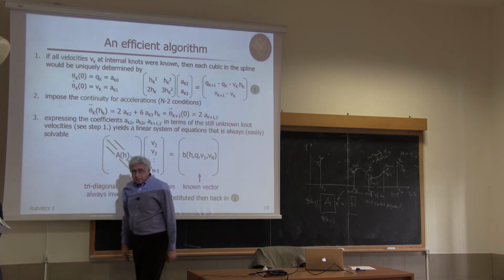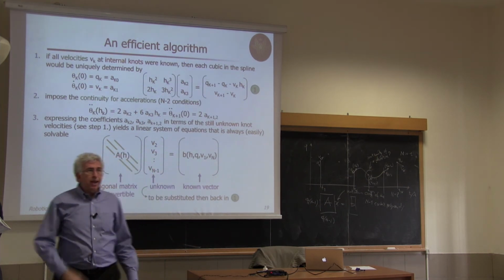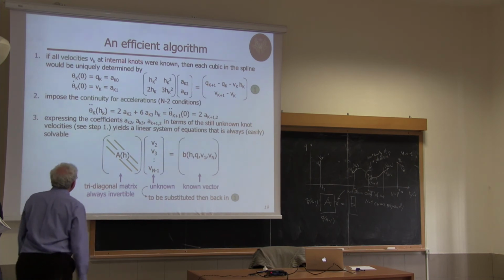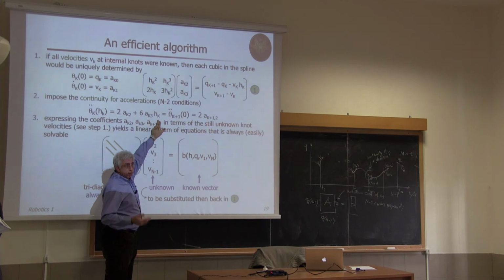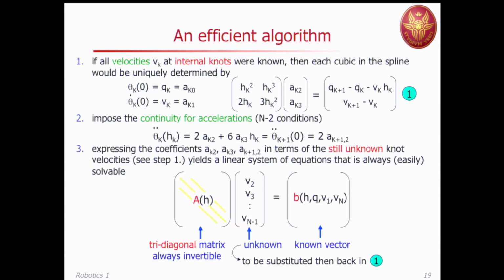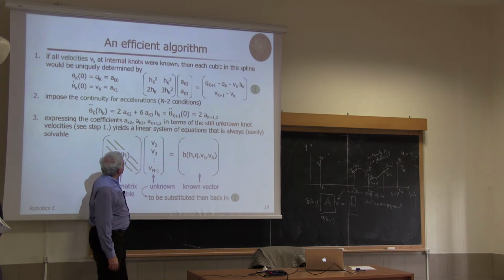So I write down explicitly the acceleration of the kth cubic at its end, and this has this form. Okay? When I'm doing the evaluation for tau equal hk, it involves these two coefficients, which have an expression given by the solution of the above equation.